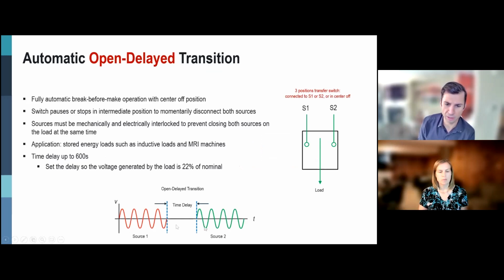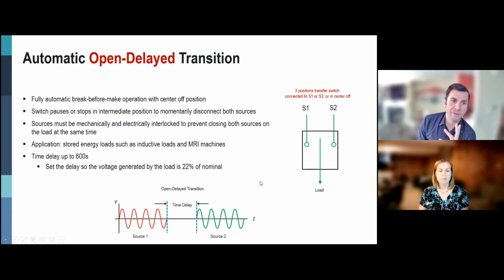As you can see in here, the 2 sources are available, and this is voltage versus time, and there's this intentional time delay that we have in here. Typically the transfer switch is mechanically and electrically interlocked to prevent simultaneously closing the two sources.